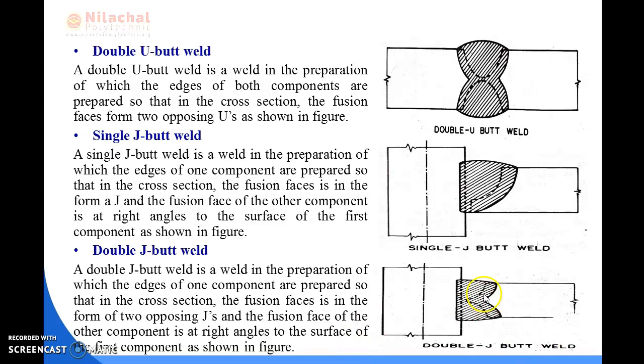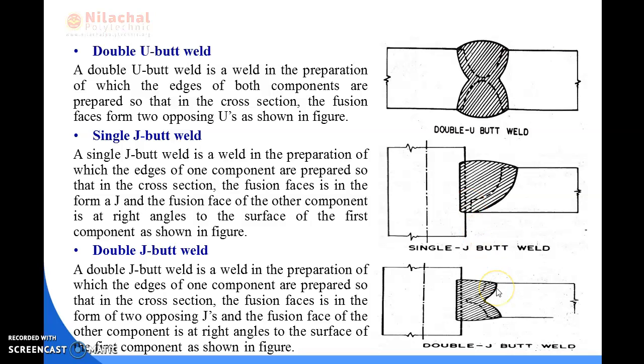So you can see the difference between single and double J butt weld. In case of single J butt weld we have to cut one plate as the letter J from the upper part to the lower part.